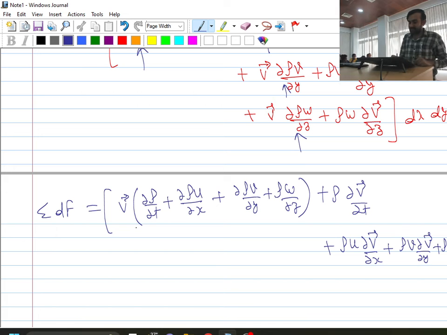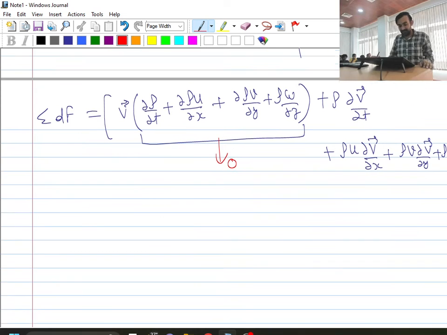Now can you tell me what is this term? Continuity equation. Yesterday we have derived. So this entire term is nothing but equal to the continuity equation, so this must be equal to 0.